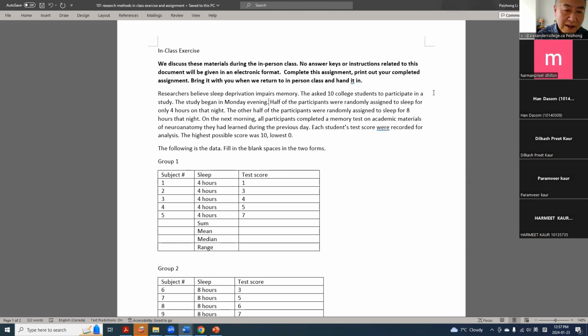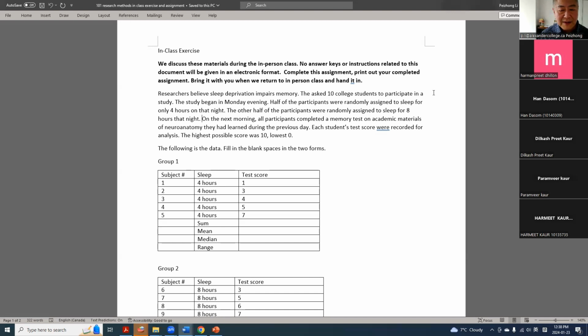So we start a study now. Half of the participants were randomly assigned to sleep for 4 hours that night. You only sleep for 4 hours. That's sleep deprivation.